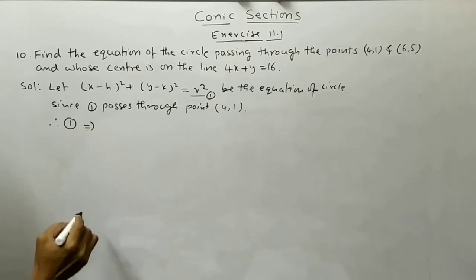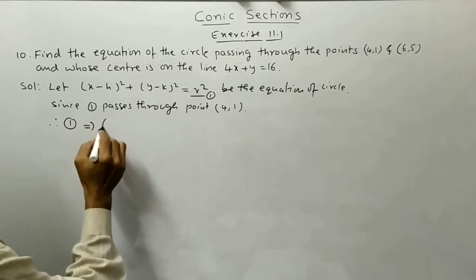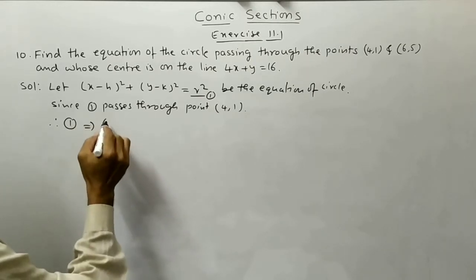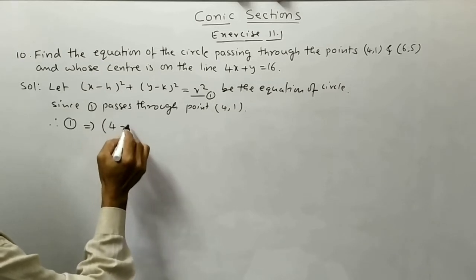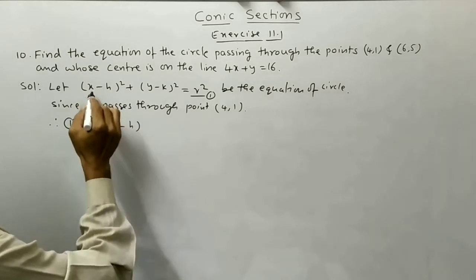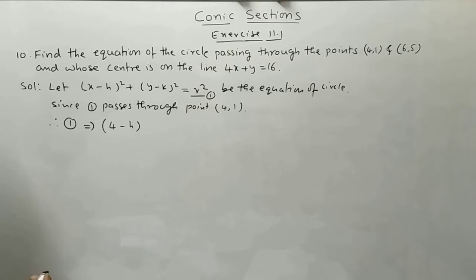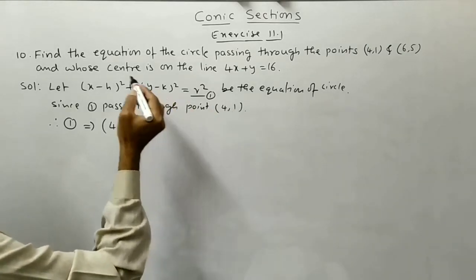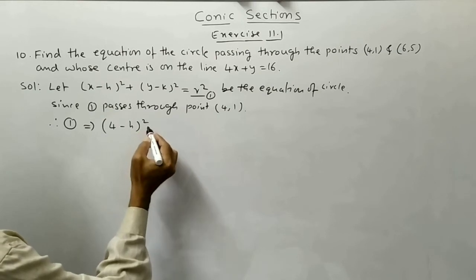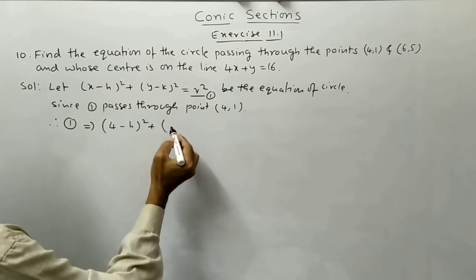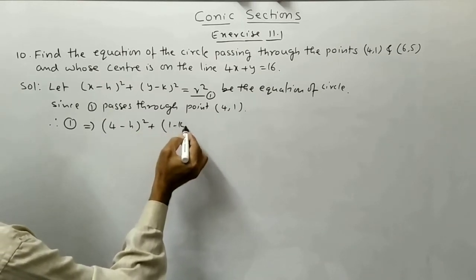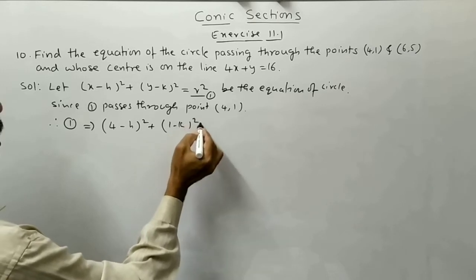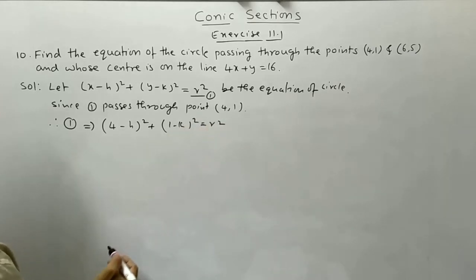1 implies (4 - h)² + (1 - k)² = r², by substituting x = 4 and y = 1.